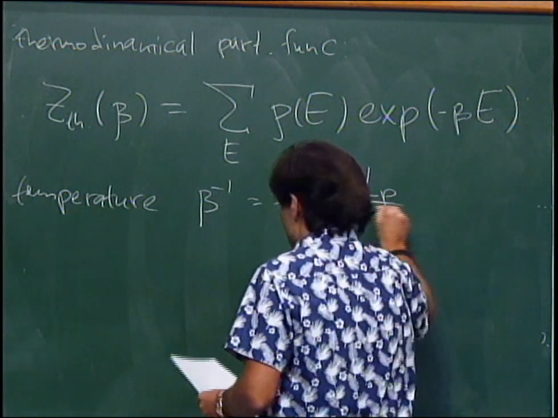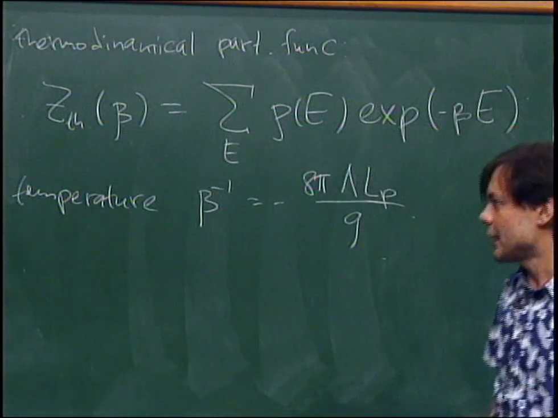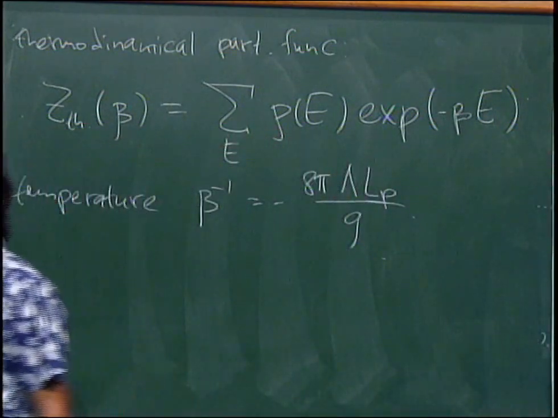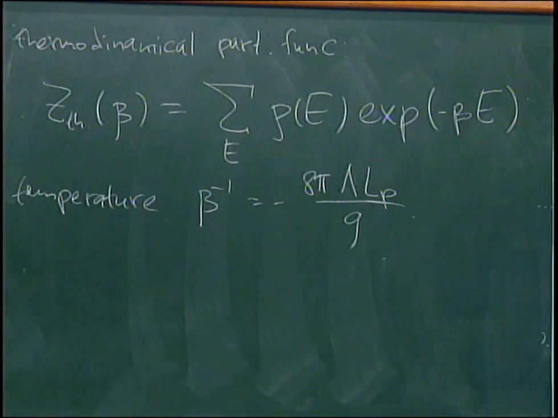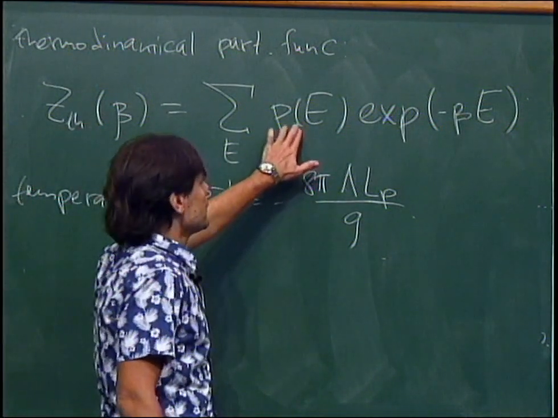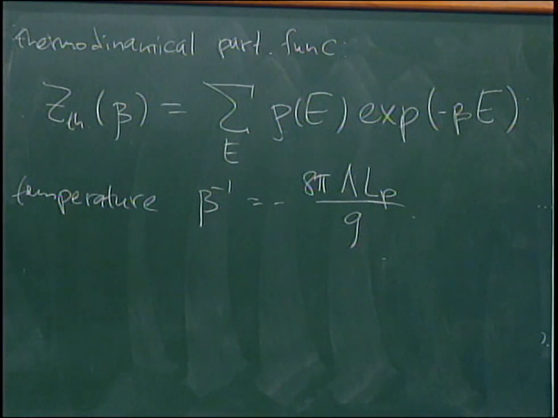And then, just to end this discussion briefly, there is an important parameter of the thermodynamical system, which is called heat capacity. And this is just the second logarithmic derivative of rho.